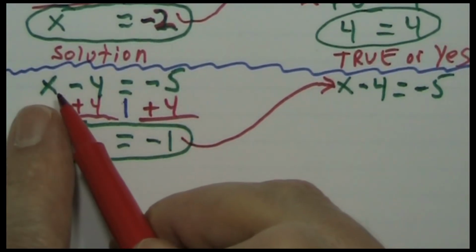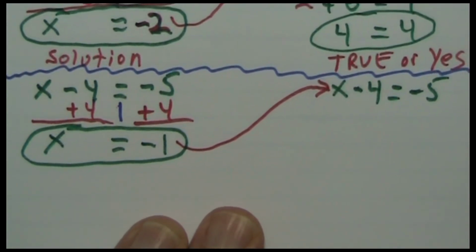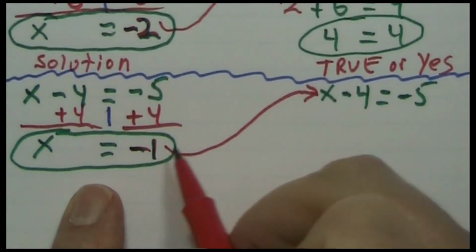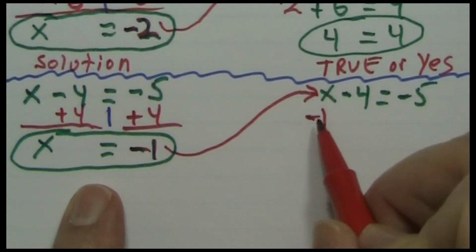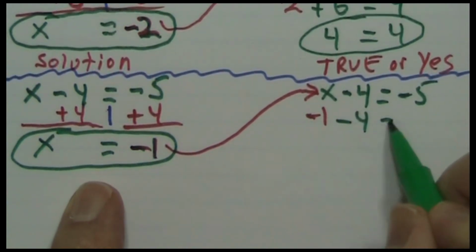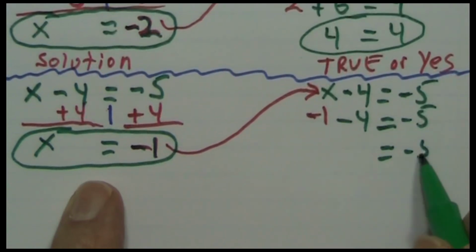You know, I'd put it right here. But I rewrote the problem, so now I'll check that. I'm putting negative 1 in there for x. And I want to see, is the left side equal to the right side?